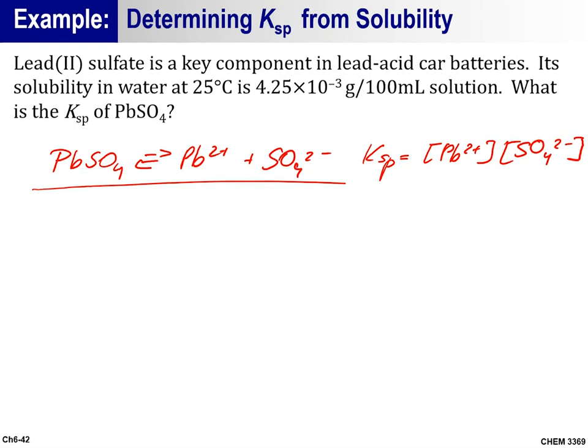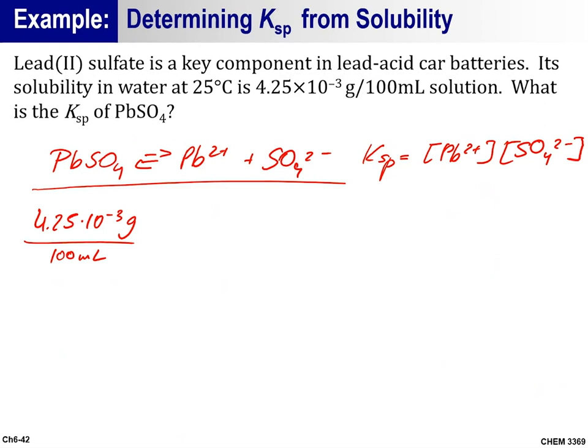Although for the equilibrium constant, we need the molarity. We are given this concentration in grams per 100 milliliters. So this is 4.25 times 10 to the negative third grams per 100 milliliter of the solution. So I need to convert it to molarity.